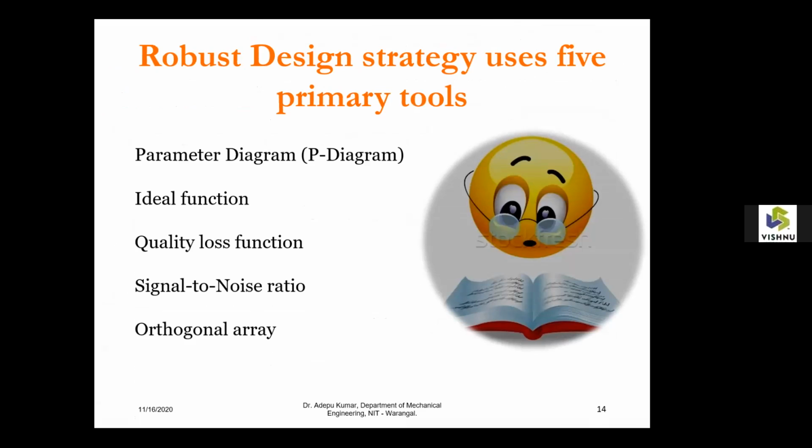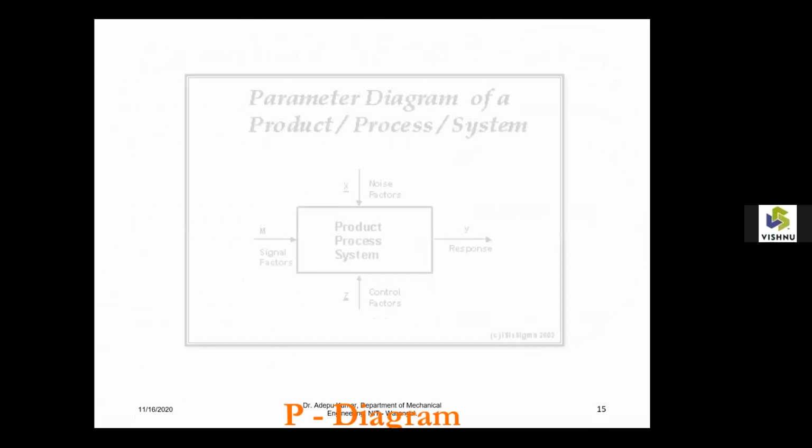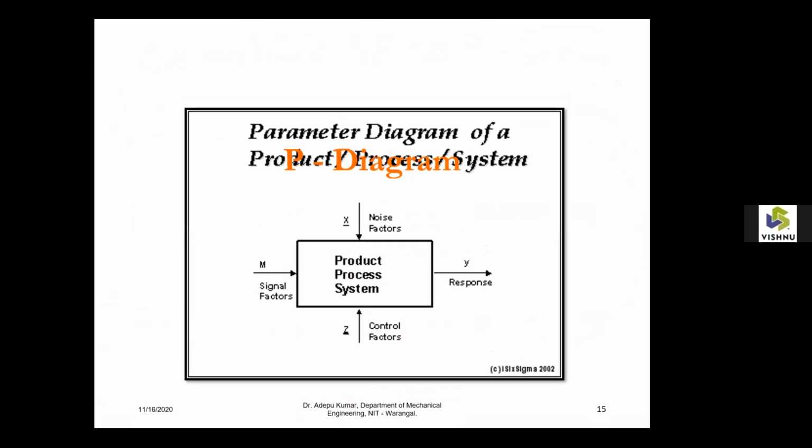The robust design uses 5 primary tools. Directly I'm going to the figure. This is the parameter diagram. Inside the rectangular box, there is a product, process or system.